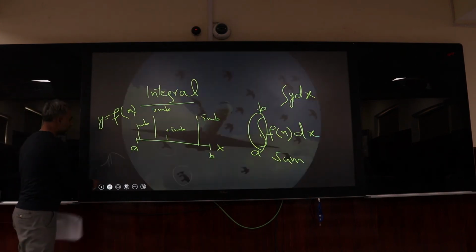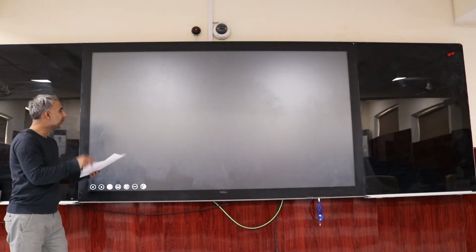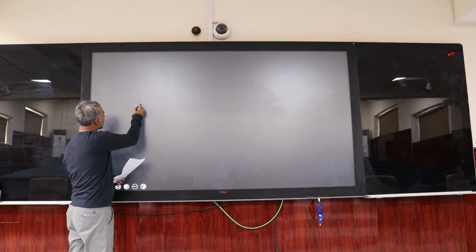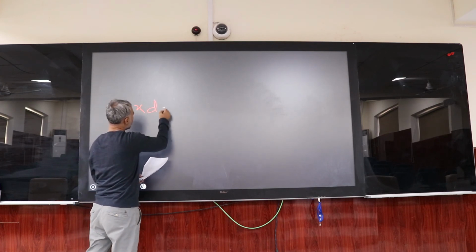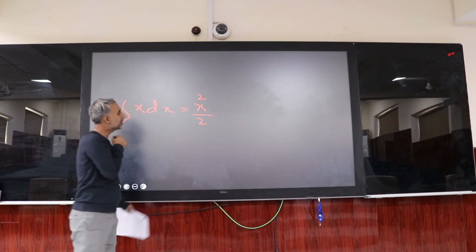I'll show you just one. I need to explain a little bit. I'm sorry. So, for example, if only some x, in this case, it will become x square over 2. What is this?